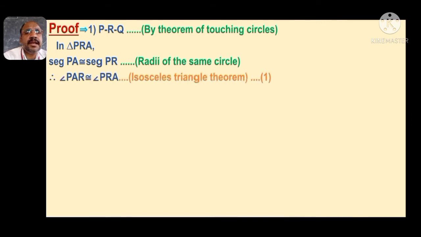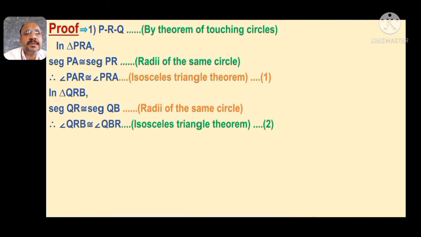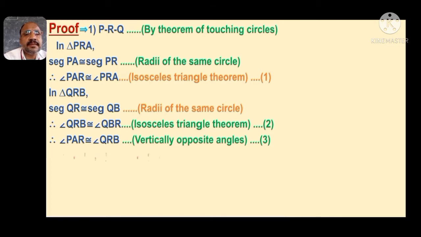Therefore, angle PAR is congruent to angle PRA by the isosceles triangle theorem, equation number first. In triangle QRB, segment QR is congruent to segment QB, radii of the same circle. Therefore, angle QRB is congruent to angle QBR, isosceles triangle theorem, equation number second. Therefore, angle PRA is congruent to angle QRB, vertically opposite angles, equation number third.